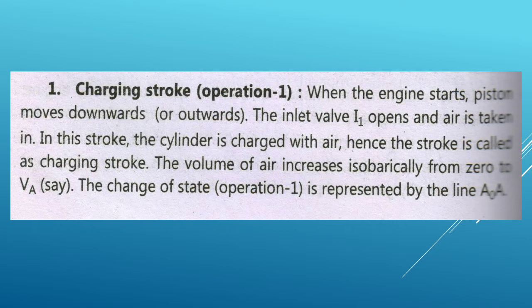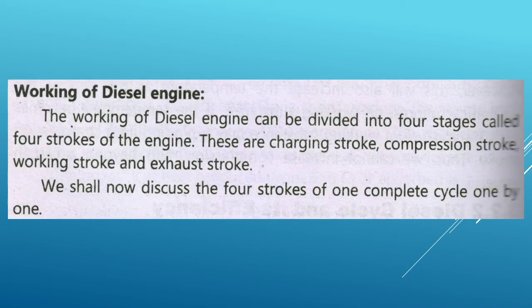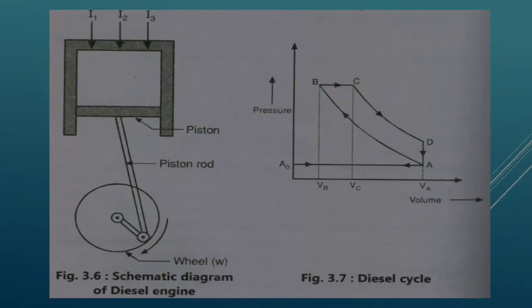Cylinder is charged with air and hence it is called charging stroke. Now the volume of the air increases isobarically from 0 to VA. Now this change is represented by the line A0A.